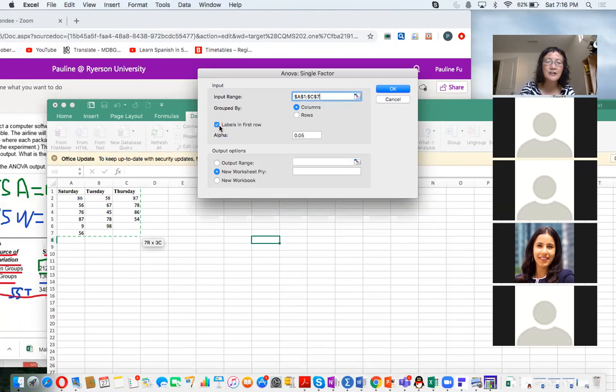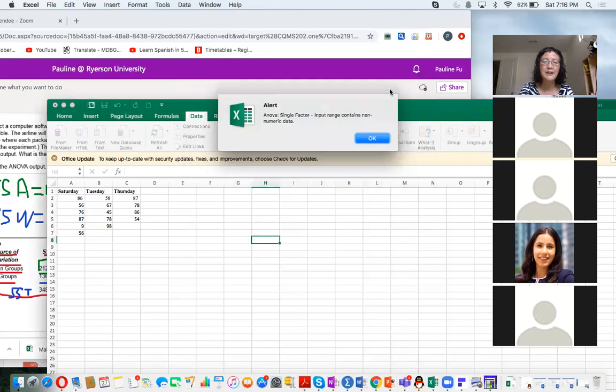So I check here, labels in first row, and grouped by columns. Alpha is here, 0.1 or 0.05 or 0.01. And for the output, you can select a new worksheet, or you can use the range. Maybe I want to put the output just here beside the data. And then you click OK.